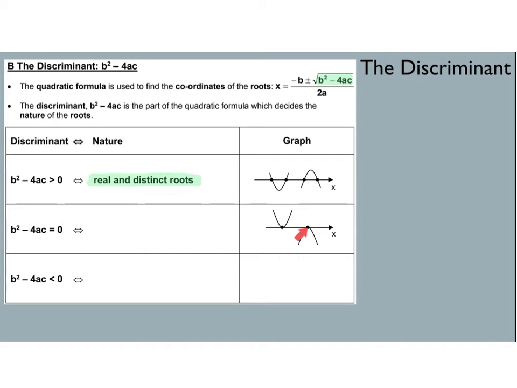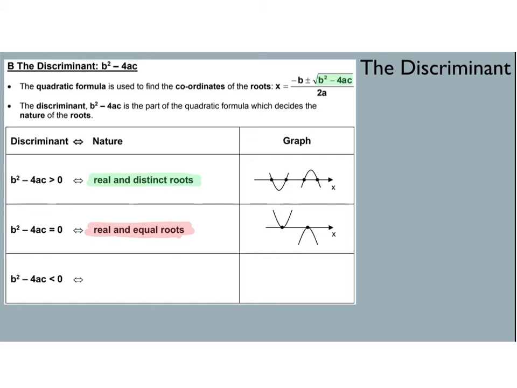Comes up, touches the x-axis in one place, and it comes back down. So at its turning point, it hits the x-axis and it comes back down that one. So what terminology do we use for these? If we find that b squared minus 4ac is equal to 0, we say that the roots are real and equal.